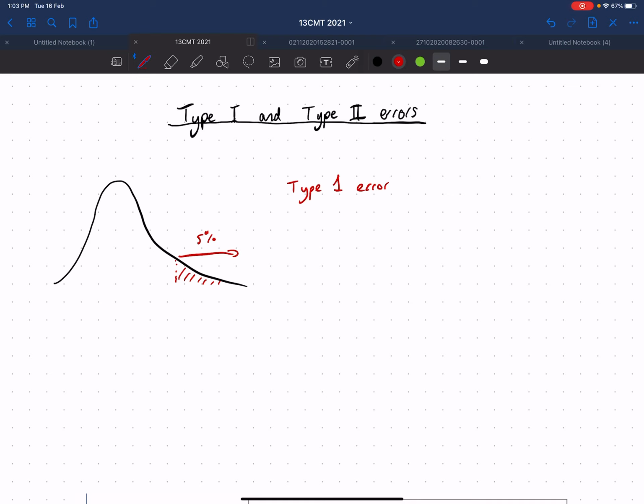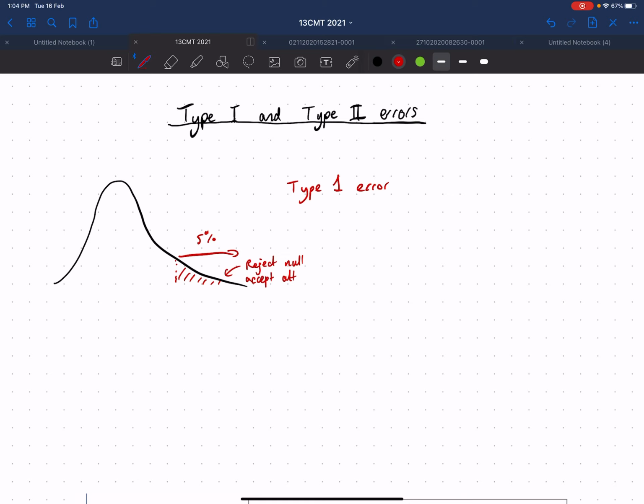Okay, when you fall within that crit region, you reject your null, accept the alternative hypothesis. A type 1 error is when this happens, but there has been no change.